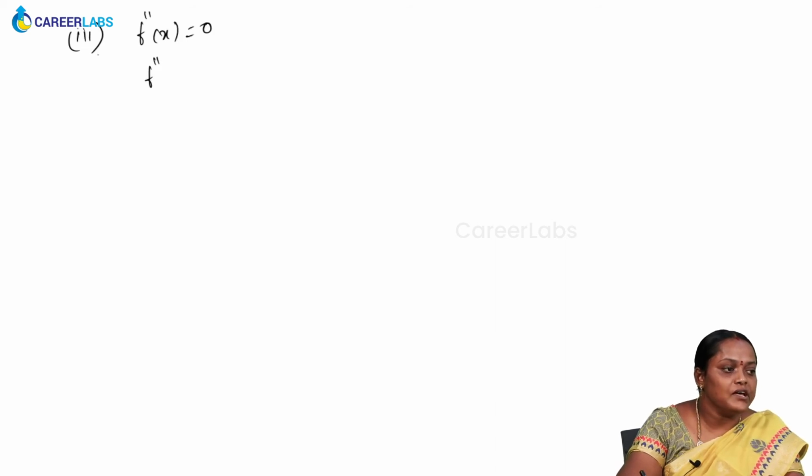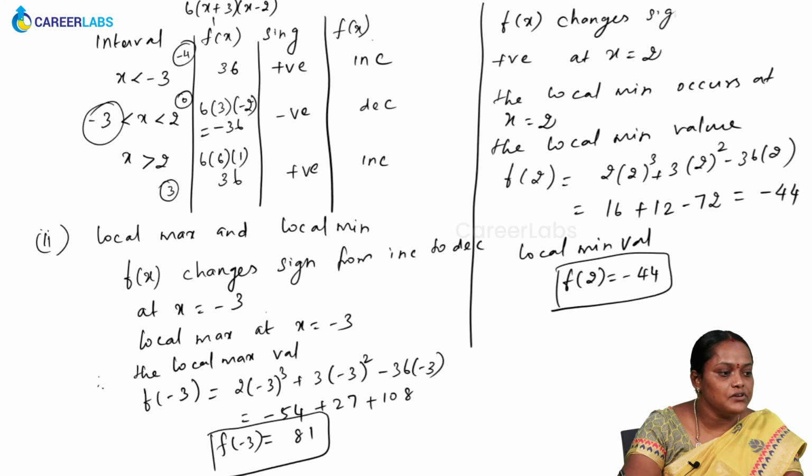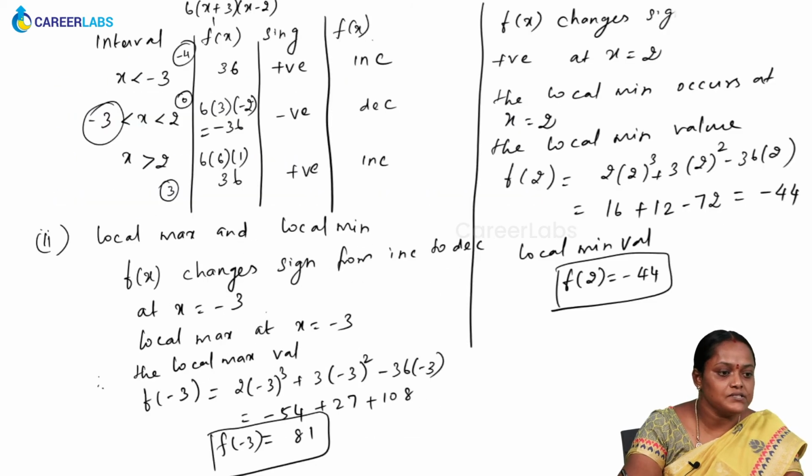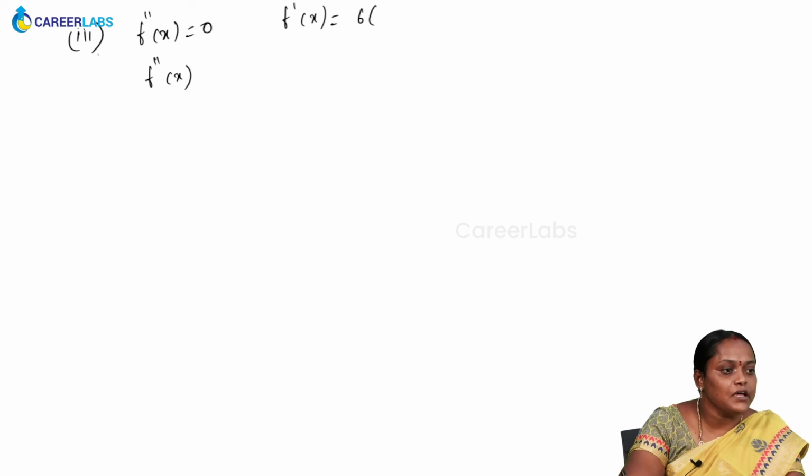So what is f double dash of x? Already we have found f dash of x, which is 6 times x square plus x minus 6. When you differentiate this again with respect to x, this is going to give you 6 times 2x plus 1.